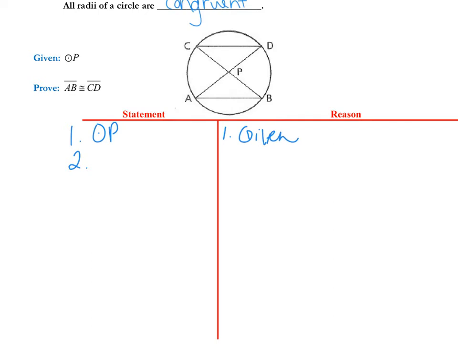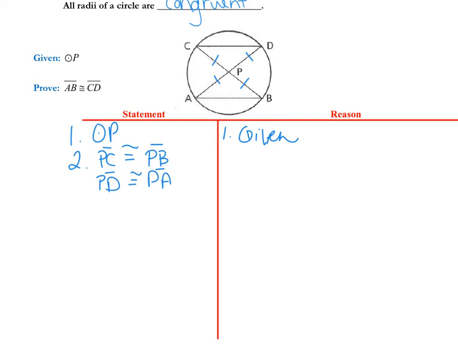Well, we know that PC is congruent to PB and AP is congruent to DP. Why? Because these are all radii, and all radii are congruent. So PC is congruent to PB, and PD is congruent to PA.